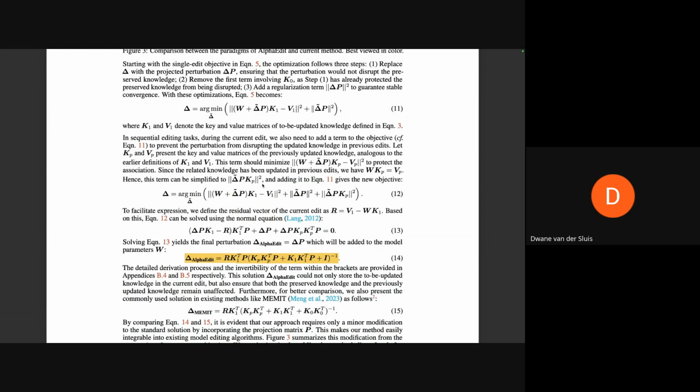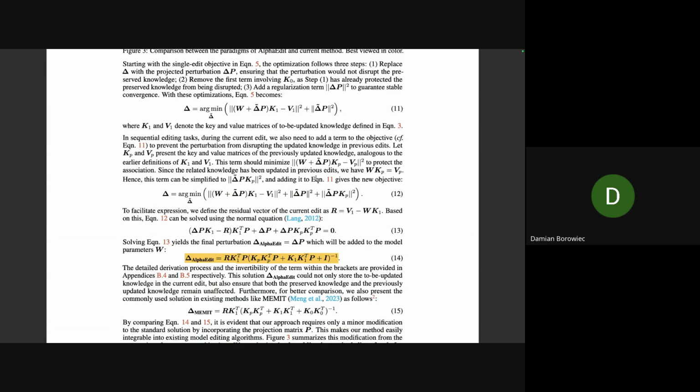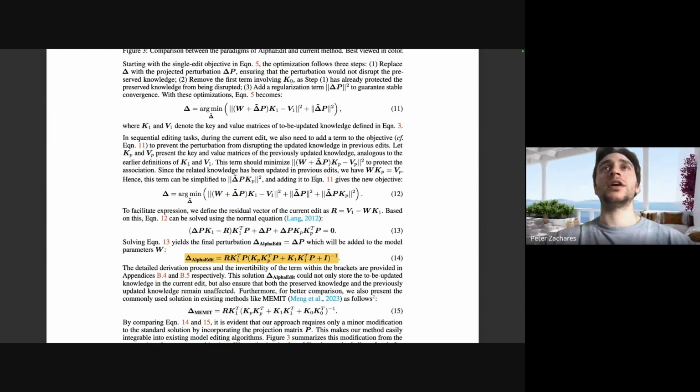I'm curious because as you're training for the new knowledge, you would also want to preserve that. So wouldn't the projection matrix change after every new piece of knowledge? Great question. What they do is add an additional component for each fact that they train.